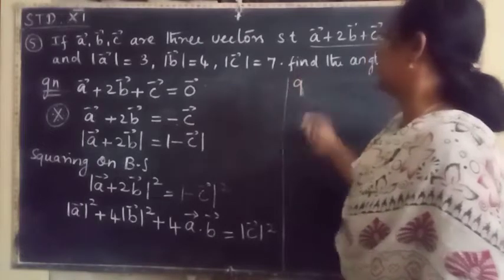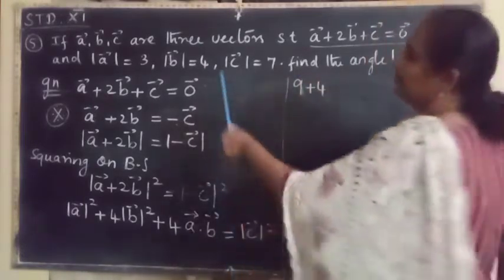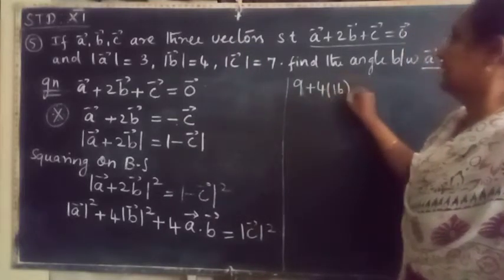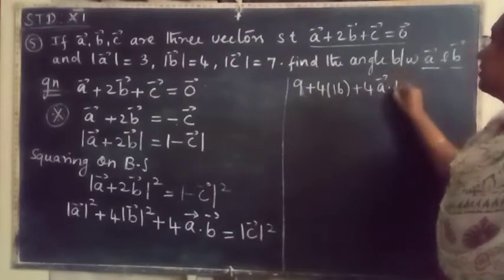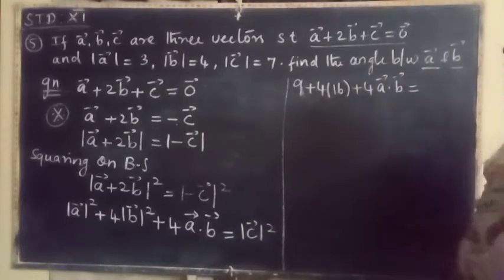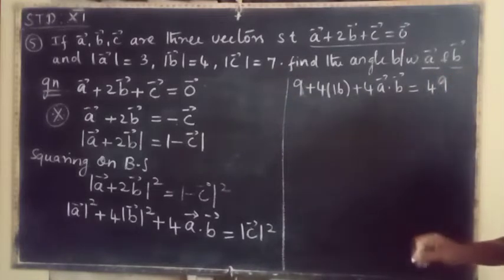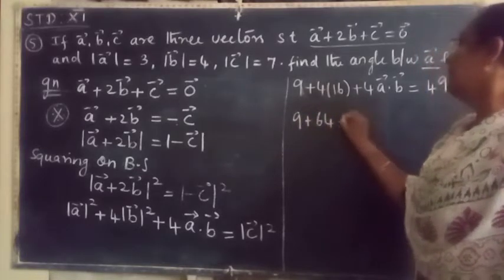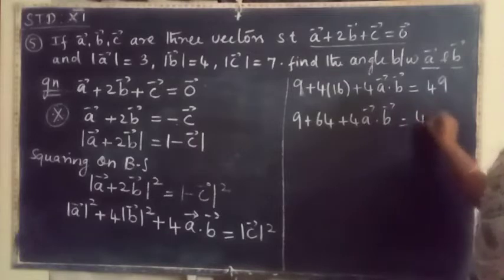Very straight away I am writing 9 plus 4 into modulus of B squared, modulus of B is 4, so it is 16, plus 4 into A vector dot B vector equal to modulus of C squared. Modulus of C is 7, so 7 squared is 49. So 9 plus 64 plus 4 into A vector dot B vector equals 49.